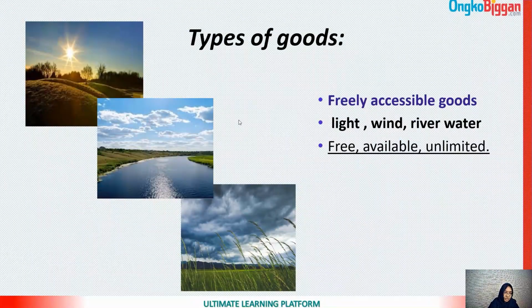Here, types of goods. Freely accessible goods are light, wind, river water, etc. They are free, available and unlimited. The goods that can be obtained without money are known as free access goods.